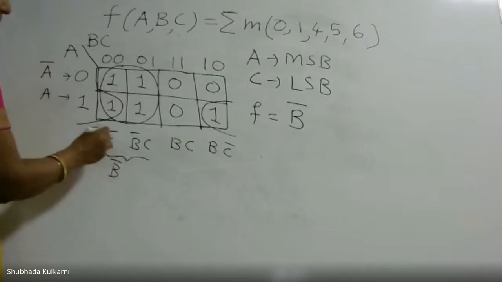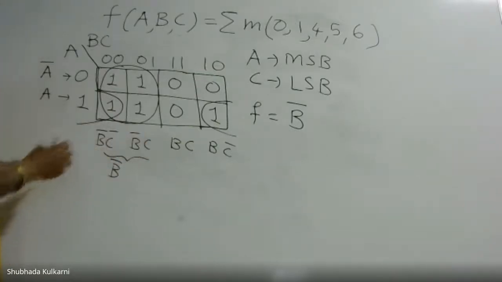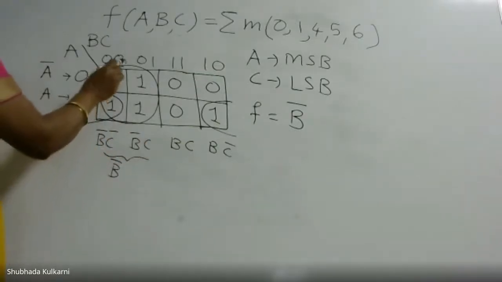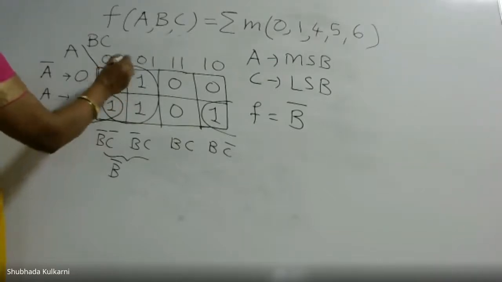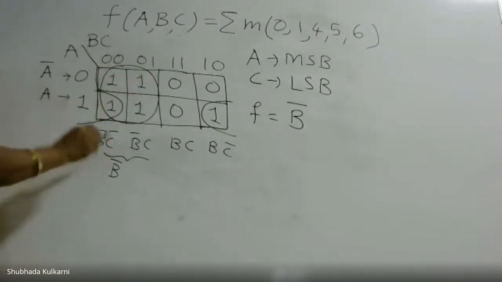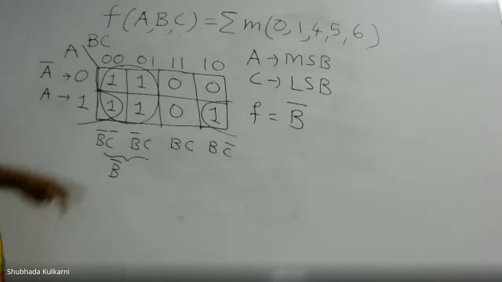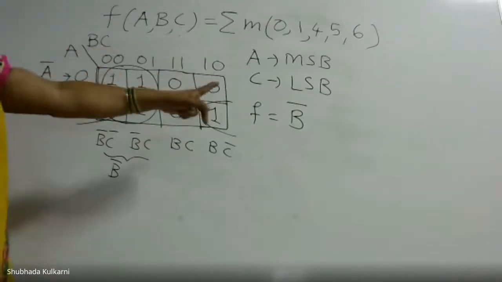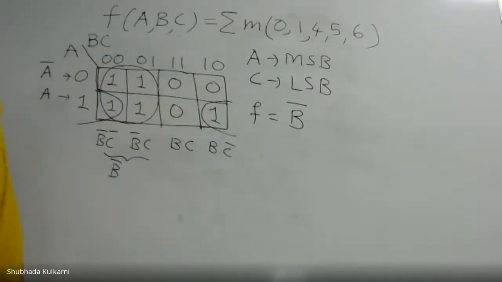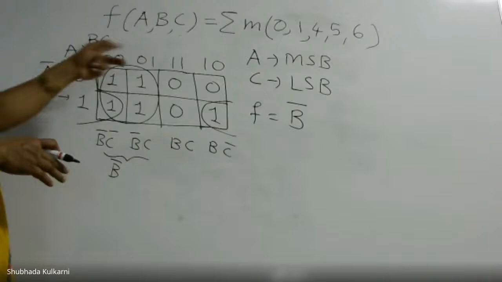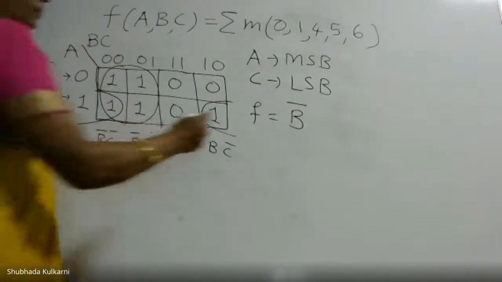So here B bar C bar plus B bar C, that is B bar times C bar plus C, and C plus C bar is 1. So now C is changing. Only B is constant. So the product term is B bar. So from 4 minterms, we got after simplification only B bar. And that is the main use of the K-map: direct simplification looking at the entries at one glance.